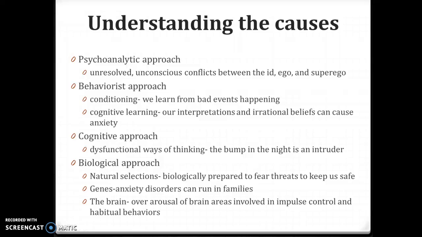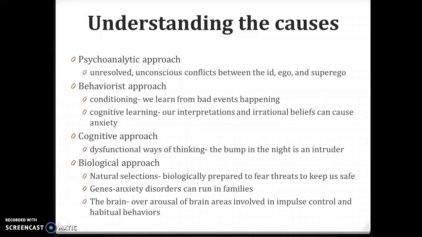Okay, so understanding the causes of these disorders. First of all, we'll look at the different approaches. The psychoanalytic approach would argue that unresolved unconscious conflicts between the id, ego, and superego would play out in this fashion, making people more likely to experience these disorders.